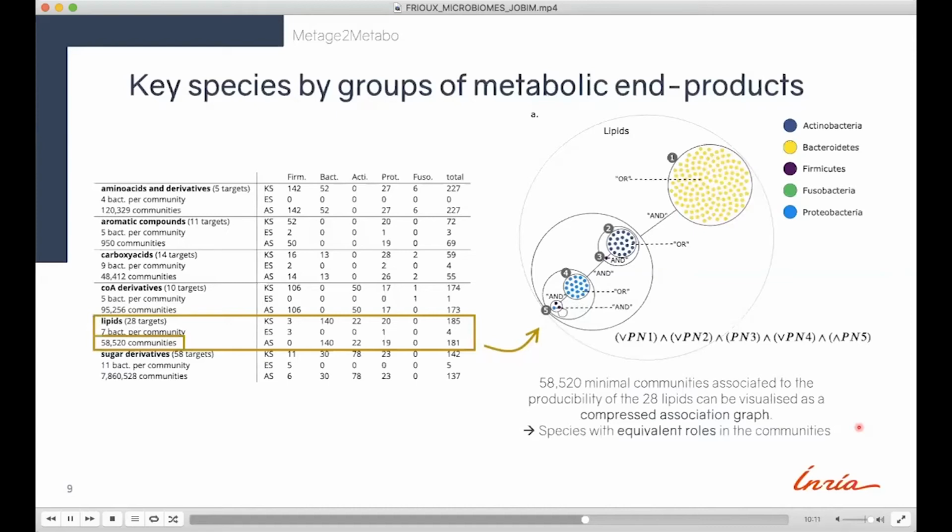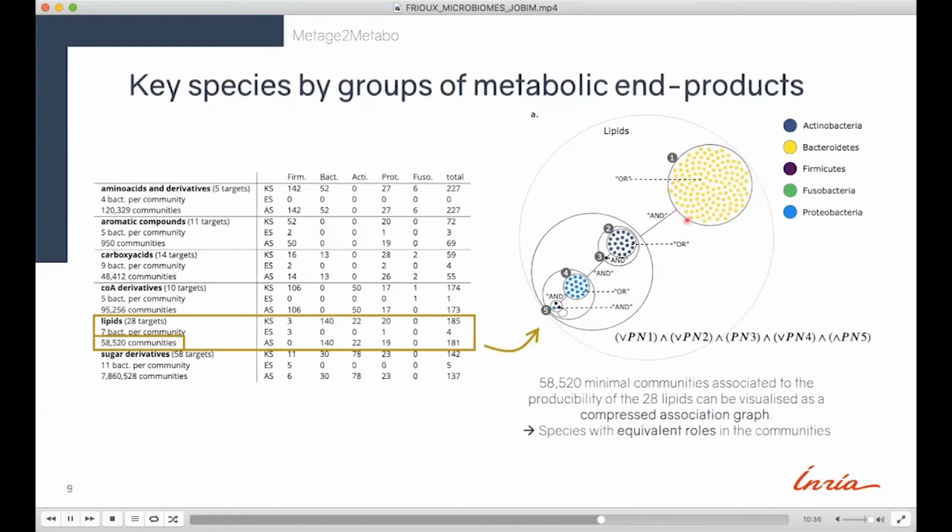That way we compressed cliques and bicliques motifs in the network, ending up with representations like the one you have here. So small nodes are species, key species, and large nodes denote groups of species with an equivalent role in the communities. They were compressed during power graph computation.